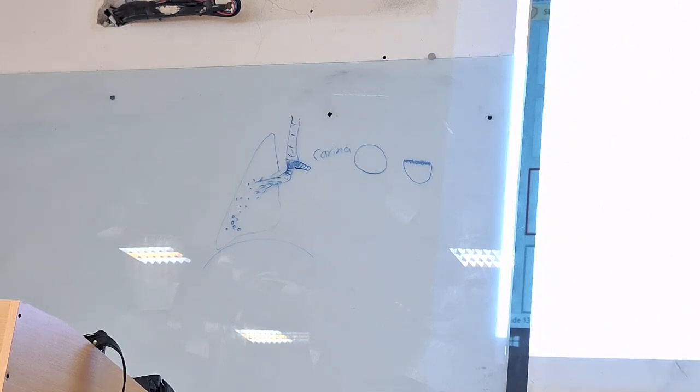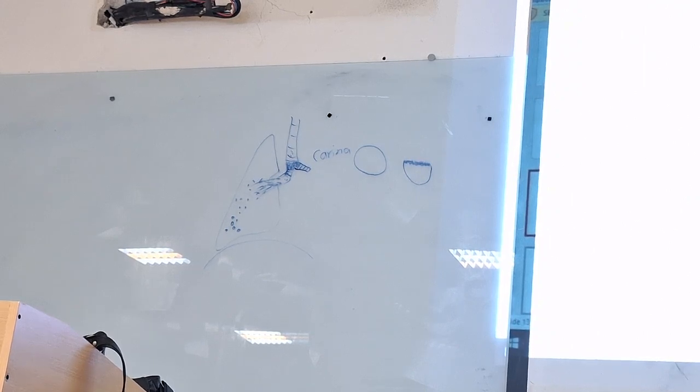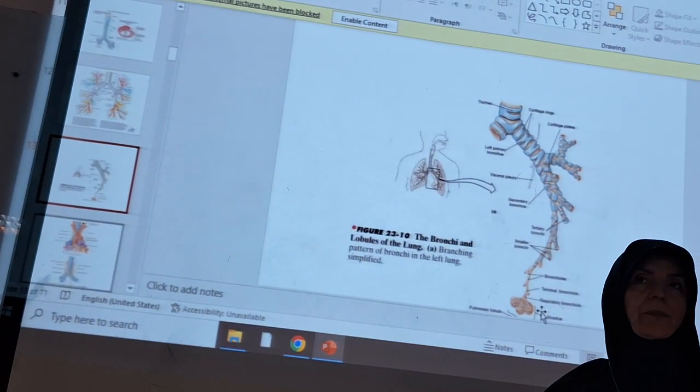Now here, each bronchus is going to divide and become smaller and narrower. At the end, it is going to make the alveoli.